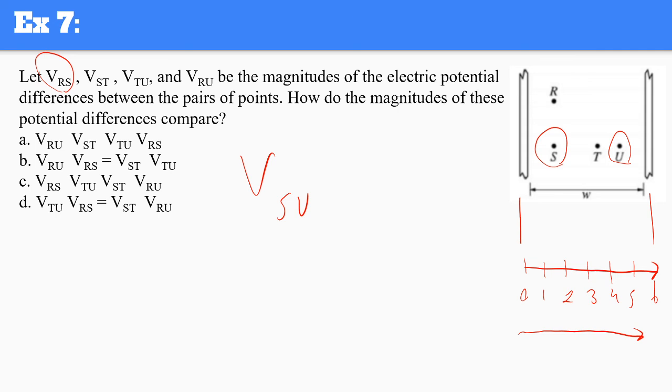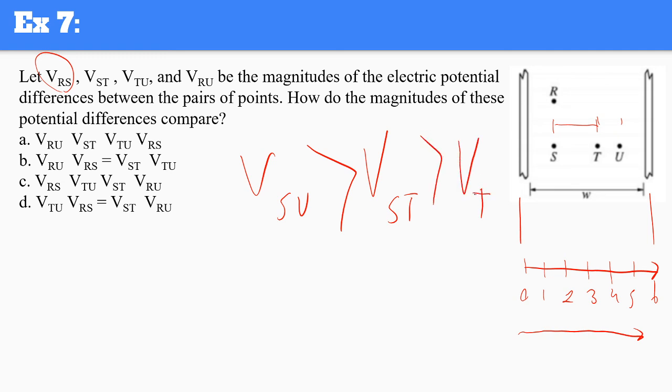And which one is the next most separation? So TU and ST, when you look at them, VST is going to have a little bit of a greater gap, so that means the potential difference in between ST is going to be greater than VTU. And what is the potential difference in between R and S?